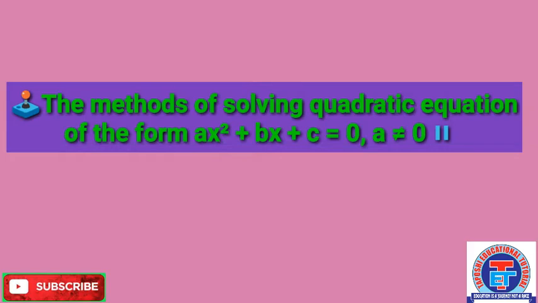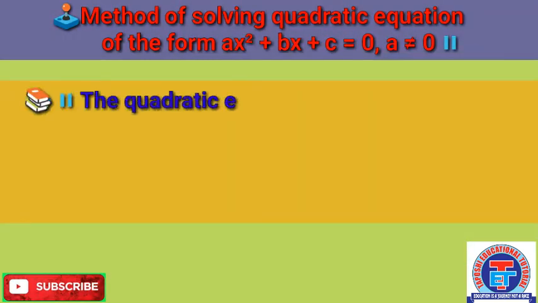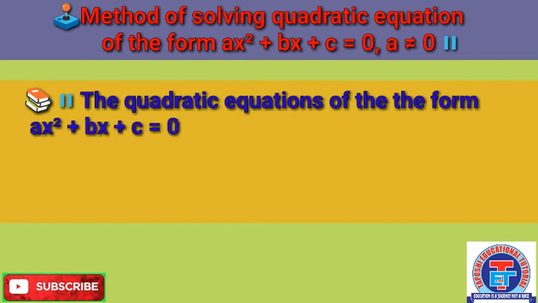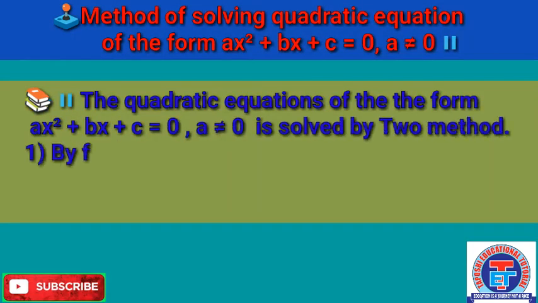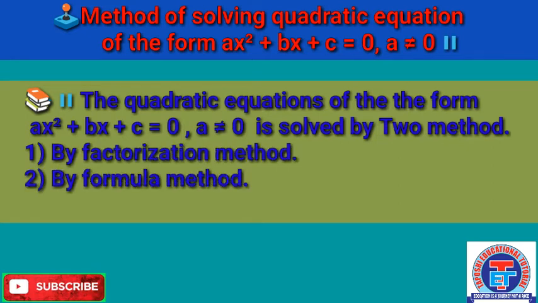The quadratic equation of the form ax square plus bx plus c is equal to 0 is solved by any one of the following two methods. Number 1, by factorization method, number 2, by formula method. Here we understand by factorization method.